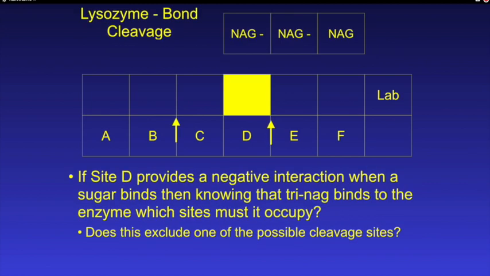One thing that I did find out later was that D is a little bit too small for the sugars themselves. So there is a negative interaction when sugar binds in the D site.